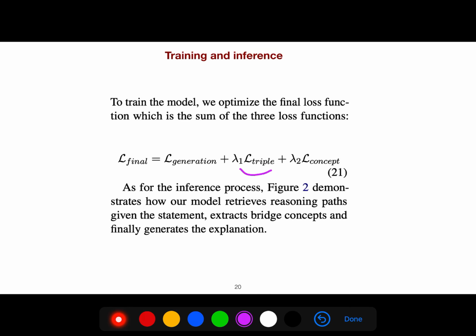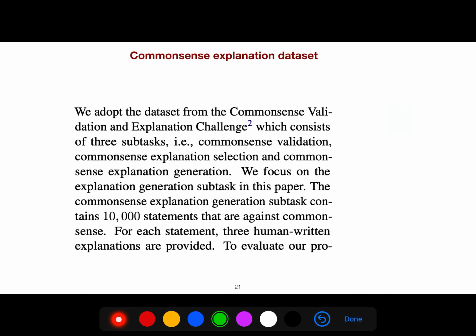So as I said, we have triple, concept, and generation. By playing with these, you can see which one is more important for you. It's like a multi-objective optimization, because depending on parameters lambda 1 and lambda 2, you have a Pareto optimal set.